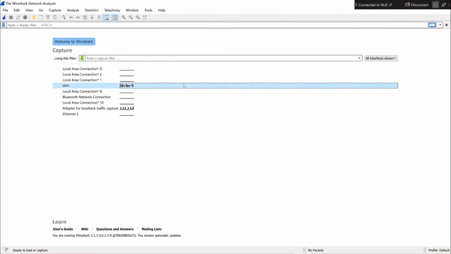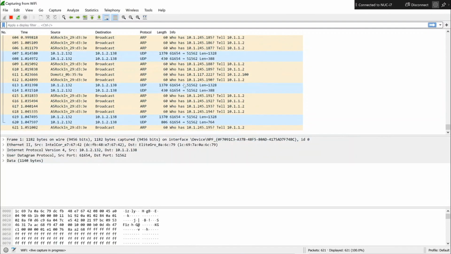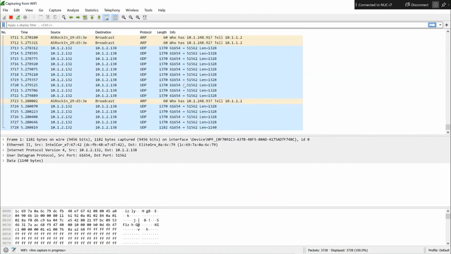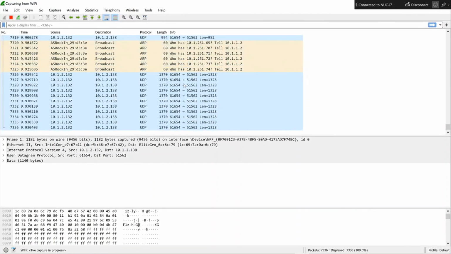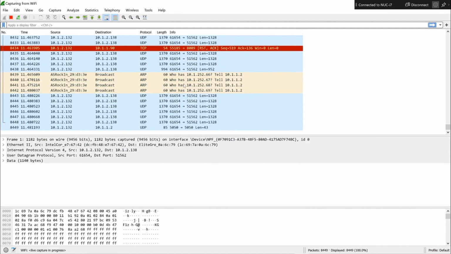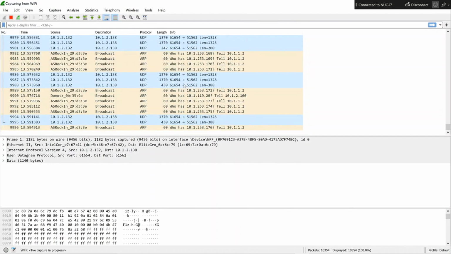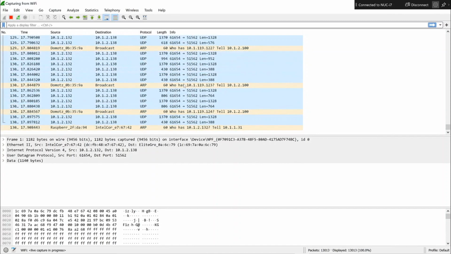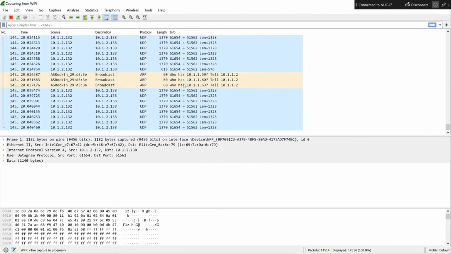I'm going to capture some traffic with Wireshark. The reason is twofold. I want to look at those ARP requests that we spoke about just now, and I also want to look at the Ethernet frame in a bit of detail. So you can see a lot of traffic running across the screen at the moment.